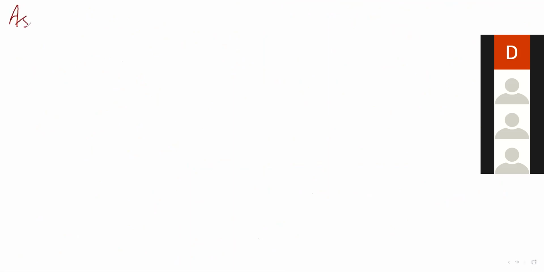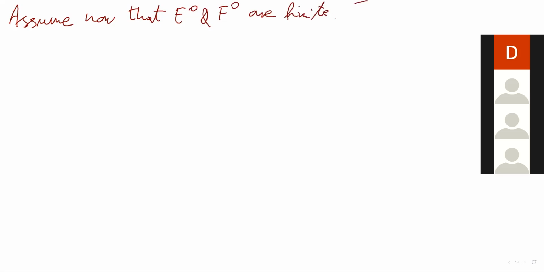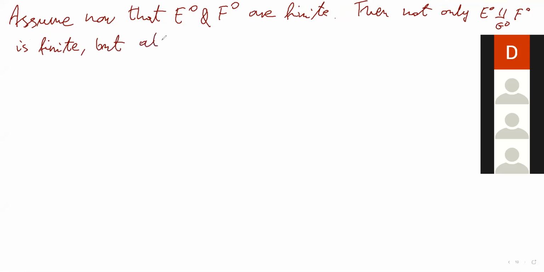Assume now that both E0 and F0 are finite. Then not only is the set of vertices in the push-out graph finite, but also the zero is finite.